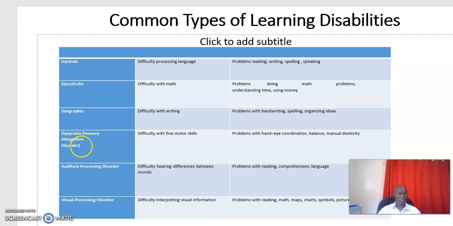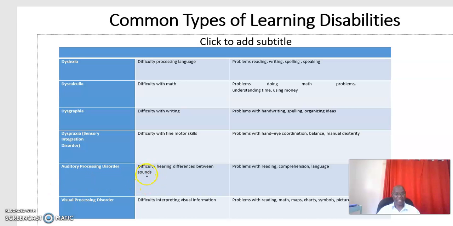We also have another learning disability. We call it dyspraxia, sensory integration disorder. These are students or learners with difficulty with fine motor skills, that is, problems with hand-eye coordination, balance, and manual dexterity. We also have another learning disability. We call it auditory processing disorder.